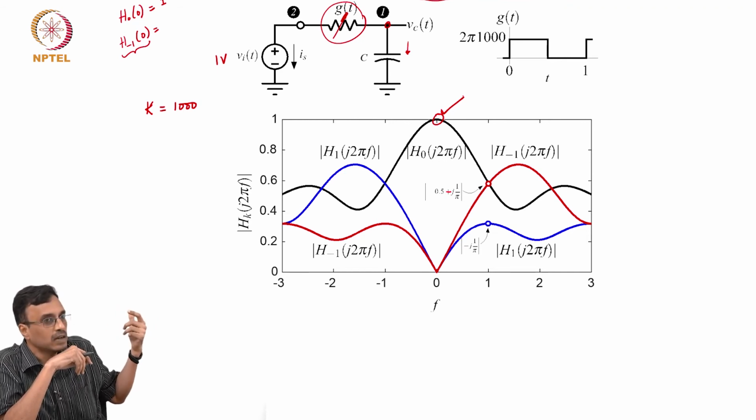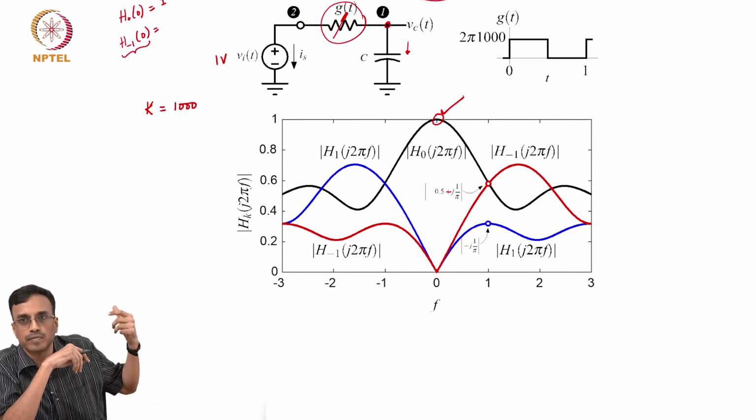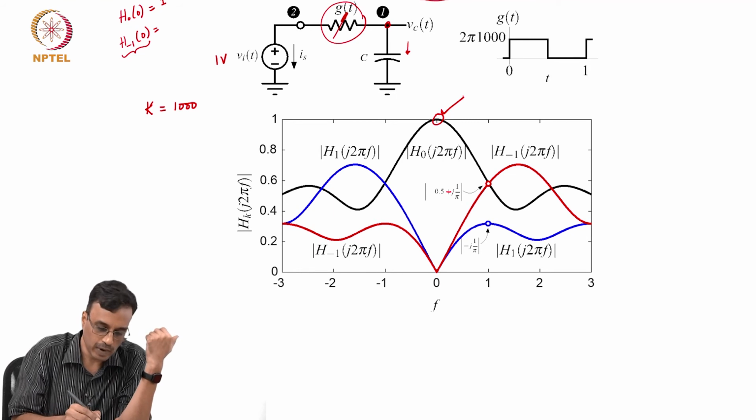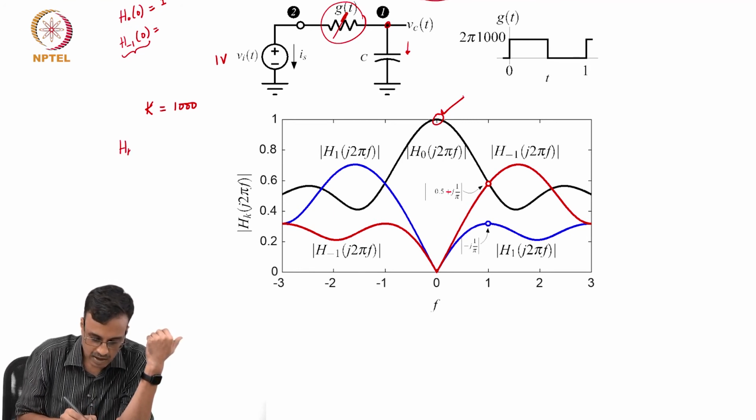You're trying to find what the strength of the output is at a frequency Fs or minus Fs? See, this is the input, Hk of j2 pi f, right?